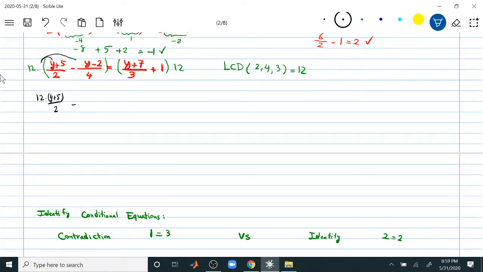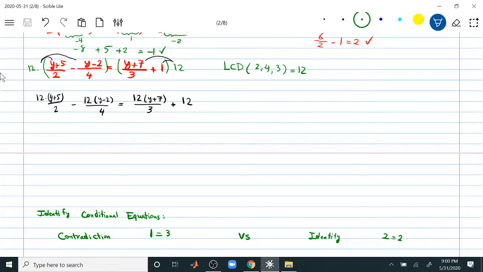You can distribute to y and 5 at the same time, but I'm going to do it in 2 steps. 12 times the next one, (y minus 2) divided by 4, equals 12 times that fraction, (y plus 7) divided by 3, and 12 times 1. Okay. You can distribute first, or you can simplify first. Maybe simplifying first is better.